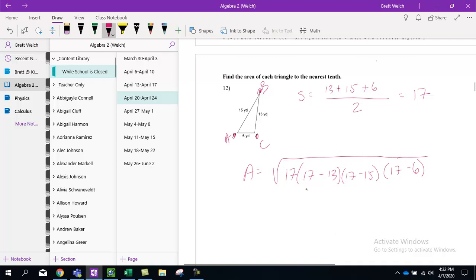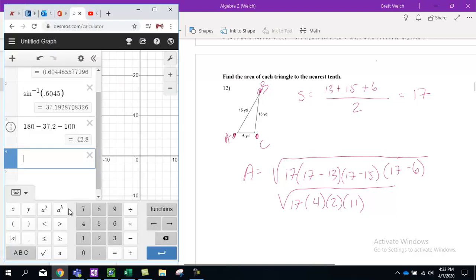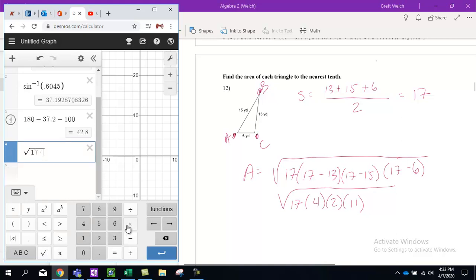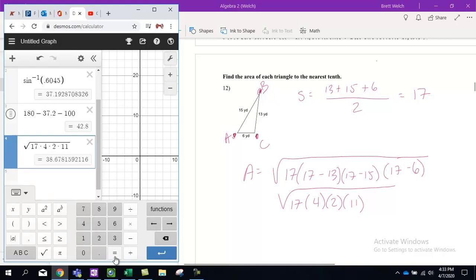Now I could come in and figure out this is the square root of 17 times 4 times 2 times 11, or you can type the whole thing in all at the very beginning. It doesn't actually matter how you evaluate this. We're going to put the square root of 17 times 4 times 2 times 11.